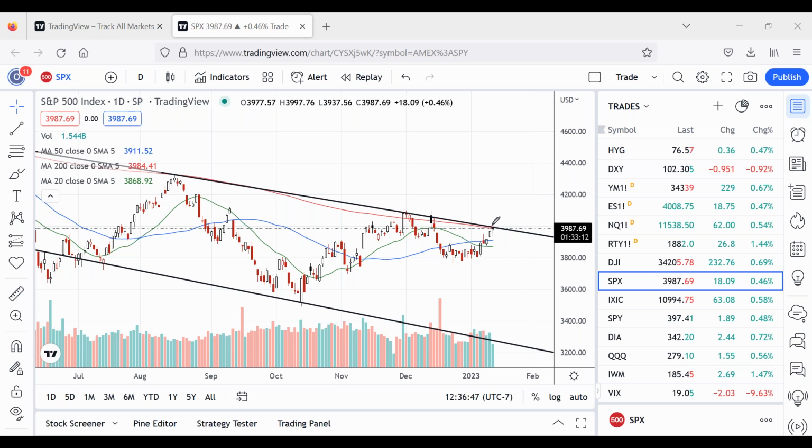Maybe because we're not the only ones that are seeing this trend line. In fact, you'll probably start to see everyone talk about it now that it's right there, and the 200-day moving average right there. So if you're not even looking at the trend line, but you're looking at the 200-day moving average, you're saying it's everything's bumped up against that.